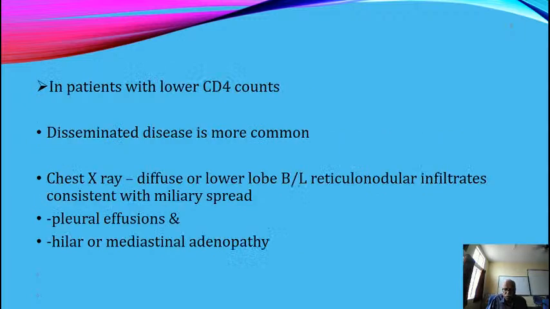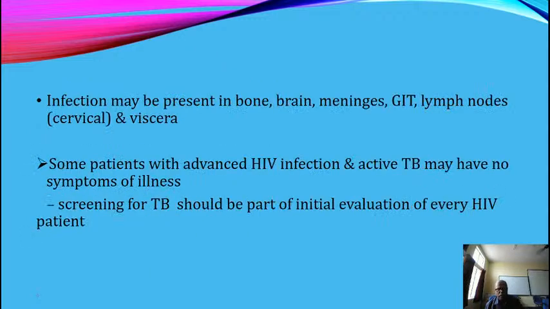In your chest X-ray, diffuse or lower lobe bilateral reticulonodular infiltrates consistent with miliary spread, and there will be effusions or adenopathy, hilar or mediastinal, and maybe involvement of lymph nodes, or sometimes the brain and its meninges, then retroperitoneum, GI tract.